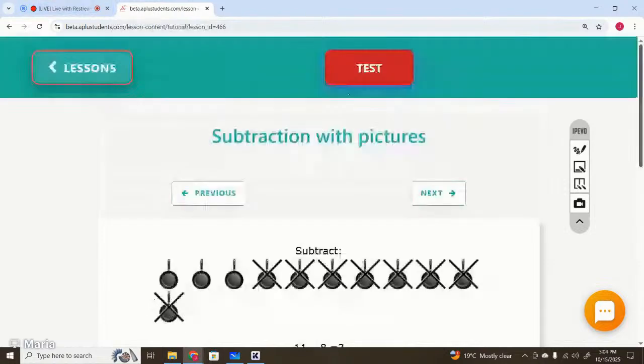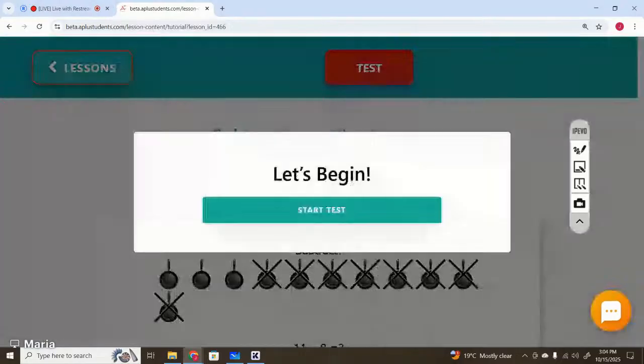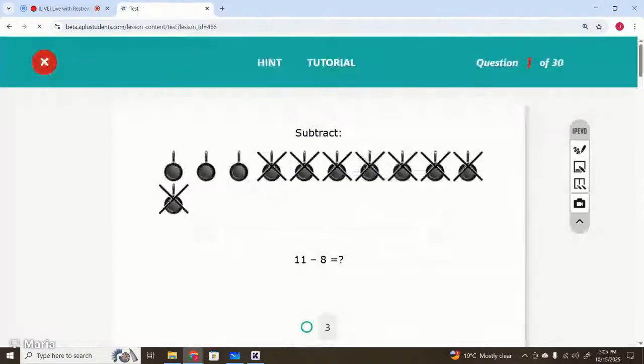Let's just start with the test questions. So the total pans are 11. 8 of them are crossed out.